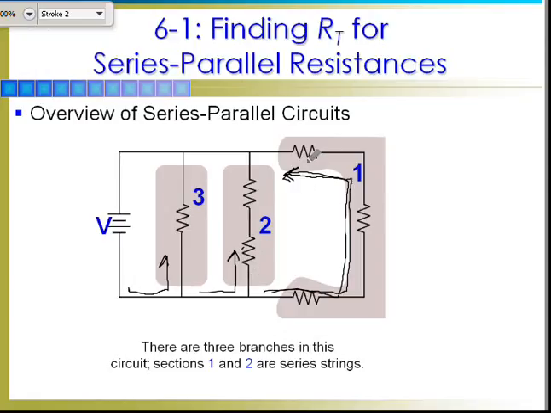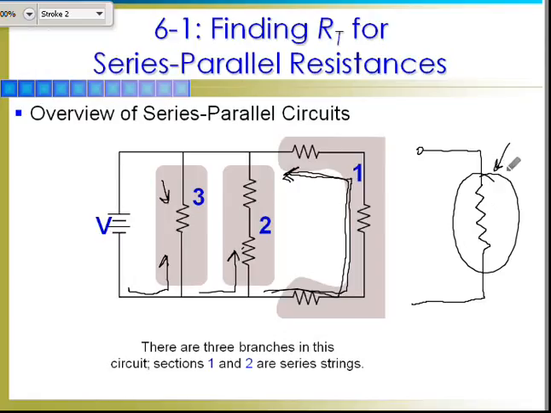And here in branch 3, you have a single resistor. Now the whole idea, once again, is to get this down to the simplest form. Being able to express it as a circuit with a single resistor, and then using the information you gain here to expand back out to individual values.